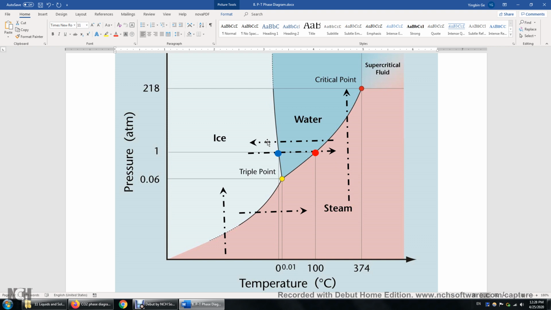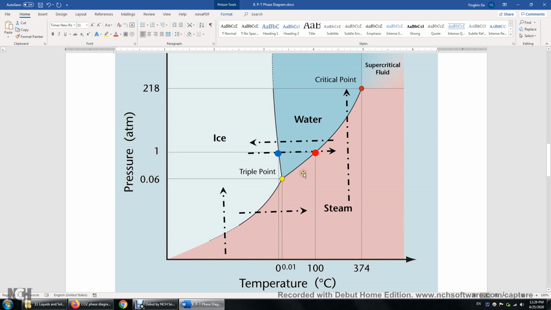So in that case, you can see the solid, liquid, and gas phases coexist. Not really under this 0.06 atm pressure. Why is that? Look, although the air pressure is nearly 1 atm, I want to say the water vapor pressure is much lower than 1. It's actually roughly 0.06.